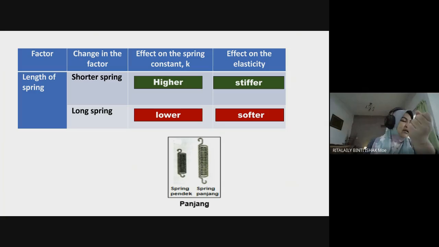So this is one factor, the initial length of the spring. That is why initial length of spring we can use as constant variable.